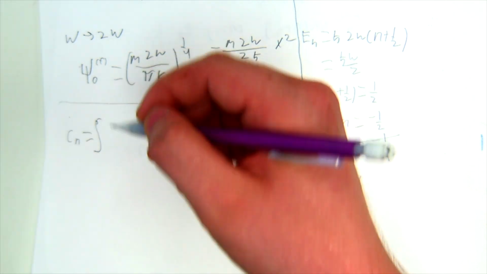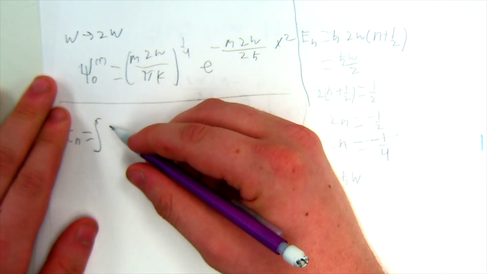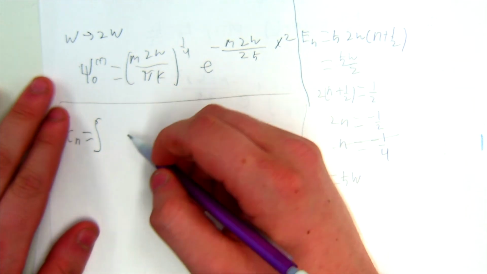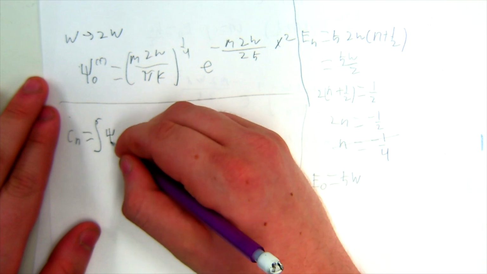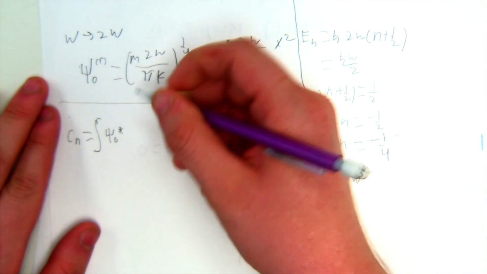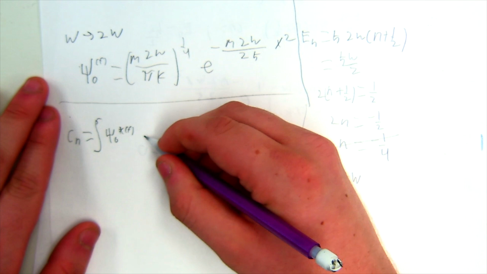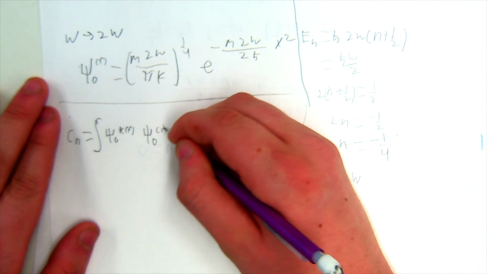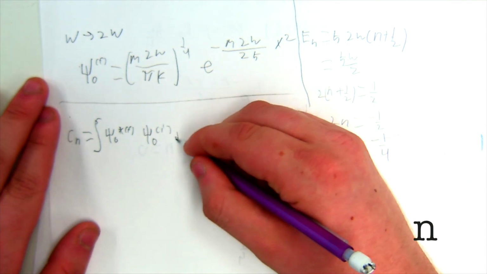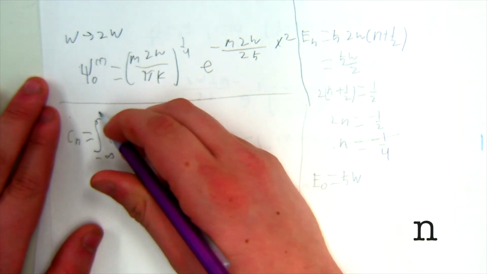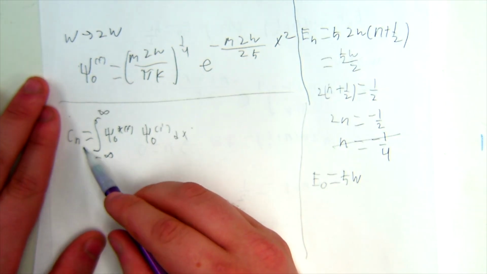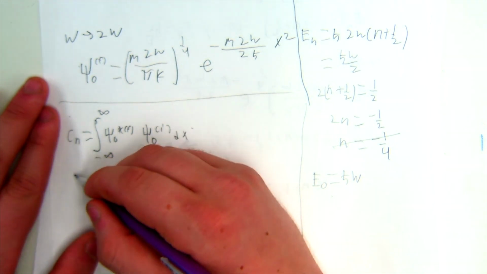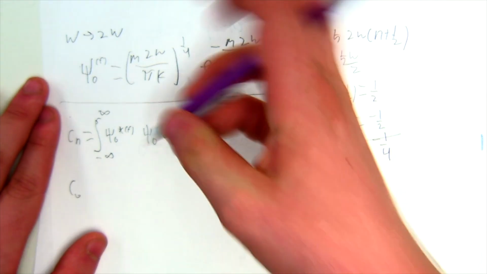To find the coefficients, we can take an inner product of our new wave function, the complex conjugate of psi n star, with our original wave function, which was just psi 0 I. And we're trying to find the probability when n is 0, because that will tell us for this energy.